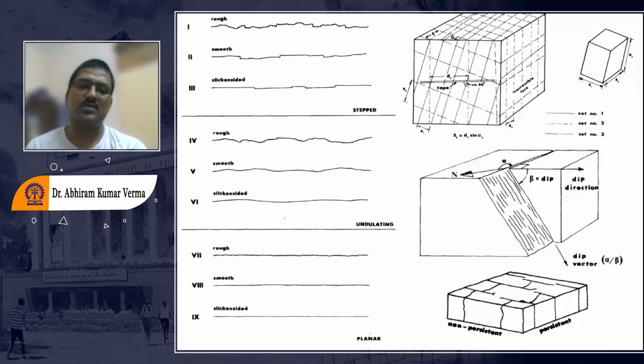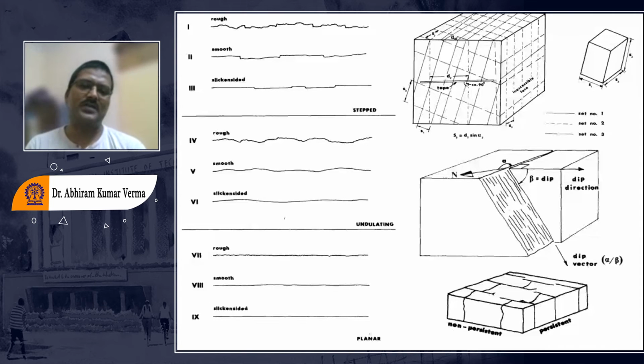But one problem is that here we are talking about a 2D surface, and we are assuming that in 3 dimensions, the extent of this discontinuity continues in the same way as shown in one of the lines, but possibly this is not happening, right?